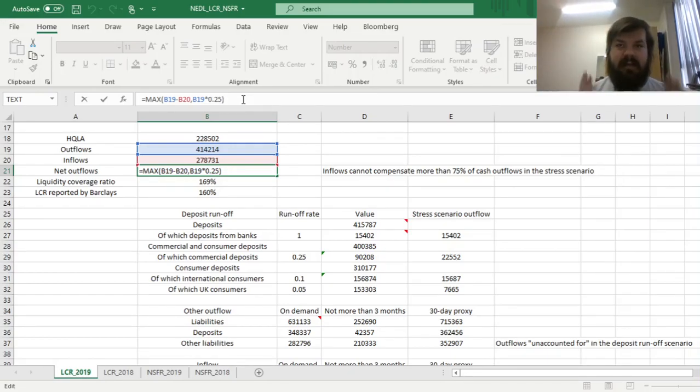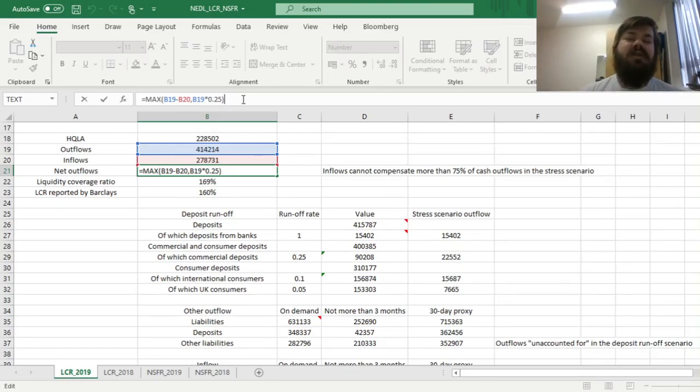However, here Basel again plays a little bit dirty and imposes some additional restrictions on banks to make this stress scenario assumption more realistic. Basel requires that inflows should not compensate more than 75% of outflows in the stress scenario. Basically meaning that you cannot just inflate your inflows and try to mitigate your LCR requirement that way.